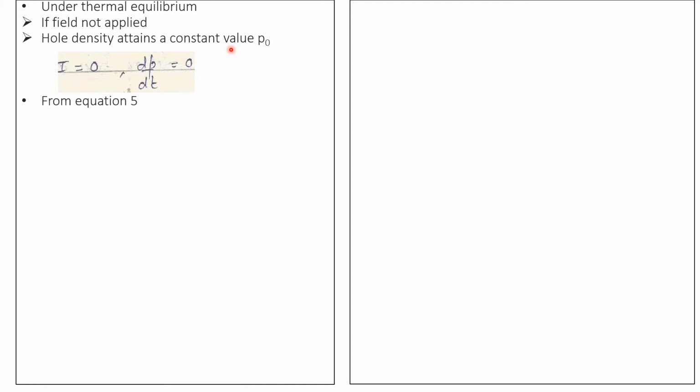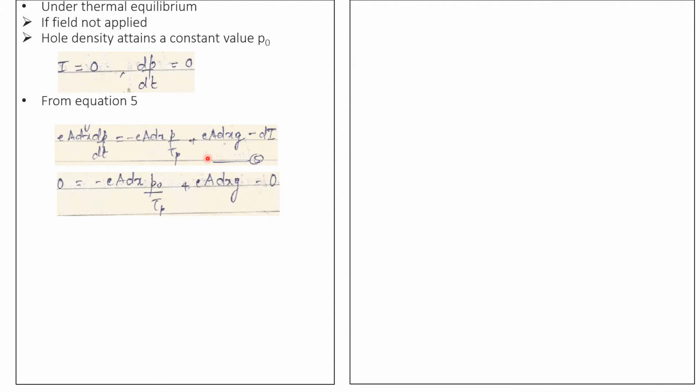In thermal equilibrium, if the field is not applied, the hole density attains a constant value P0. So I is equal to 0 and dP by dt is also 0 as the concentration or the density is remaining constant. From equation 5, dP by dt is 0, and this P becomes P0 because it is constant, and dI, the current, is 0.